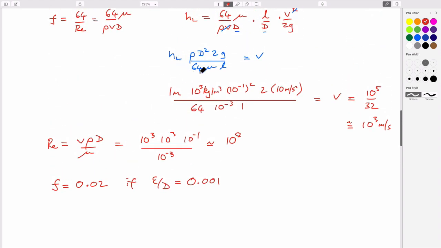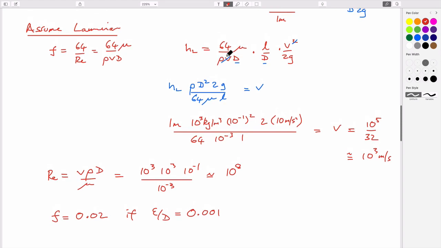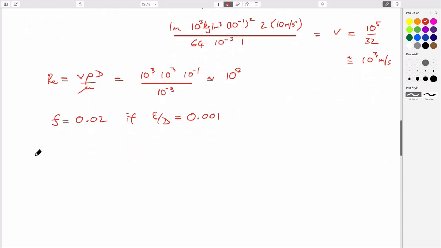So we can't quite use this again, but we can use the expression in its slightly different form. So head loss is equal to friction factor L over D V squared over 2G. And we can change that so that we rearrange it in terms of the velocity.